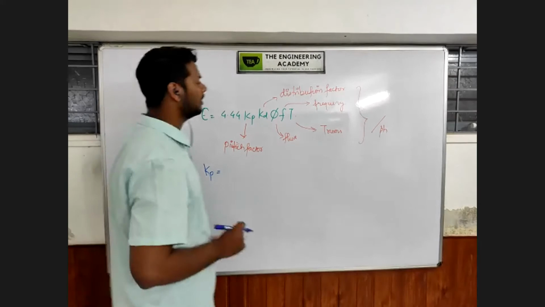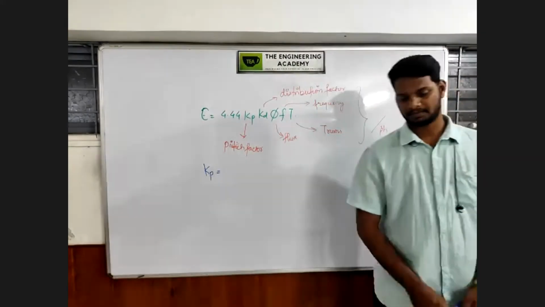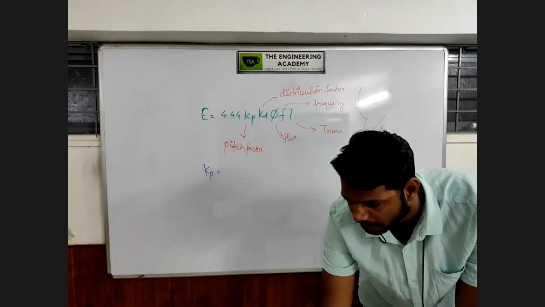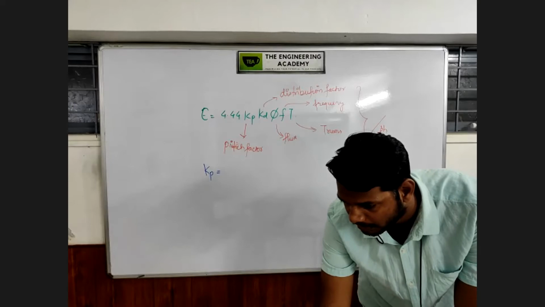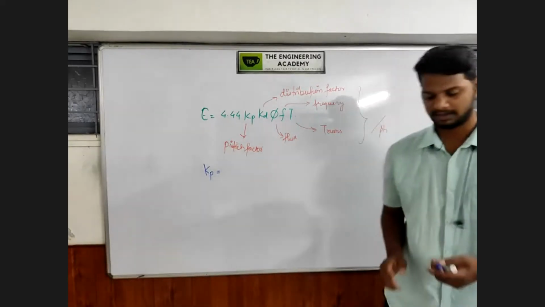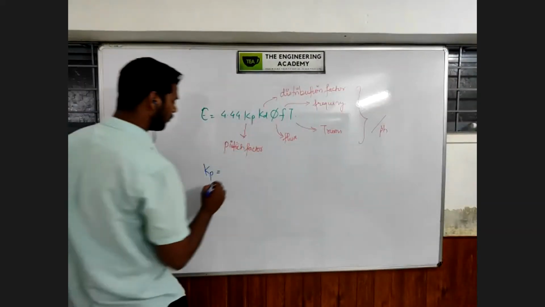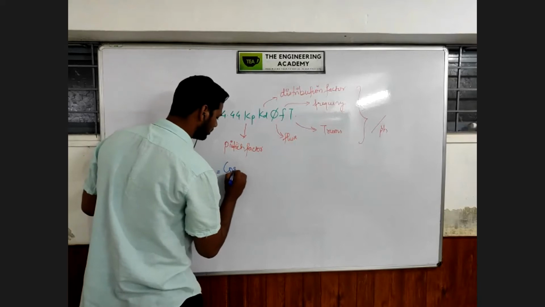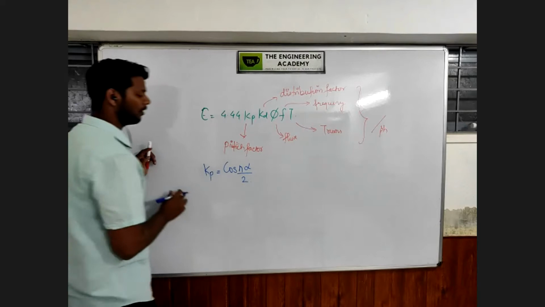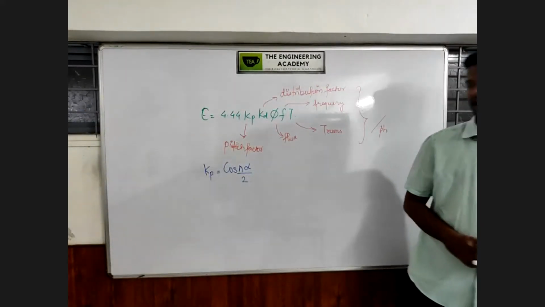Can anyone tell me the formula for the pitch factor Kp? Okay, listen. For Kp, the formula is cos(n alpha / 2).